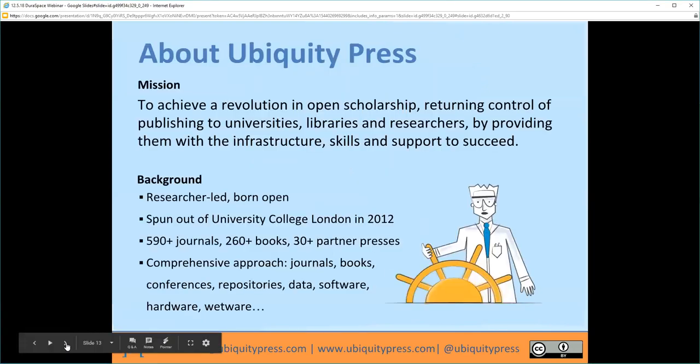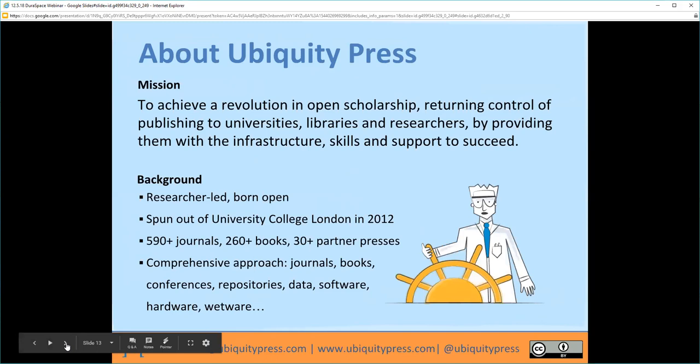Next, please. So just a very quick background to us, in case you don't know about us. We are really a company that's researcher-led, and we were born as an open press. We've never done subscription publishing. We've never considered that as a model. We're just 100% open in our culture.